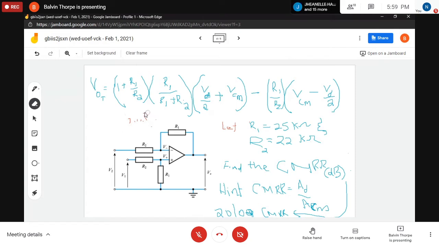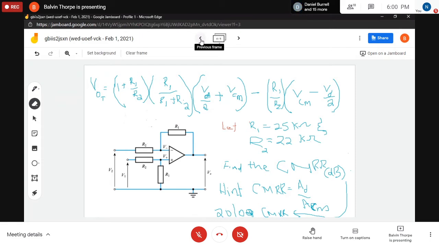So you remember our general expression for the output voltage for the difference amplifier that we just defined? Now all we're doing is replacing V1 and V2 with the expressions in terms of VCM and VD that we have found. So in other words, this was V2 and V1, and we just put what we found in equation 7 and equation 8 into equation 3.